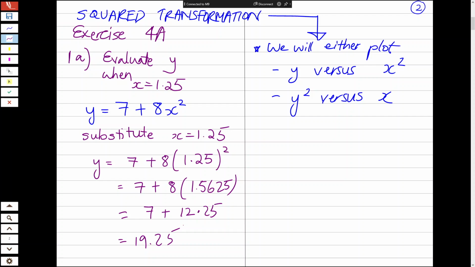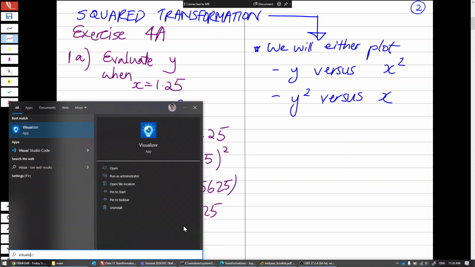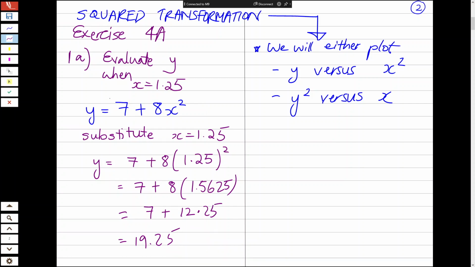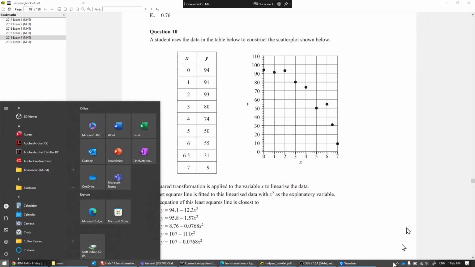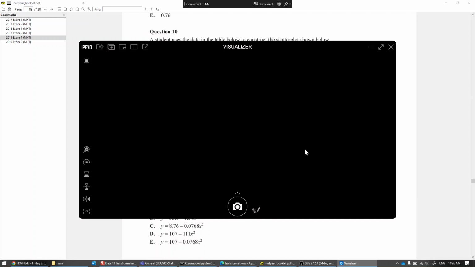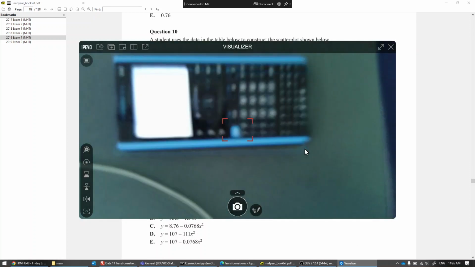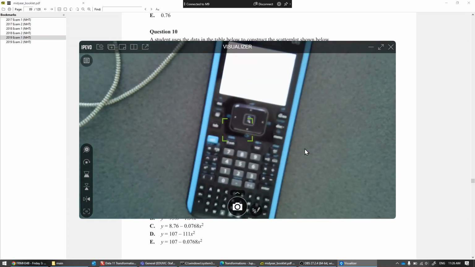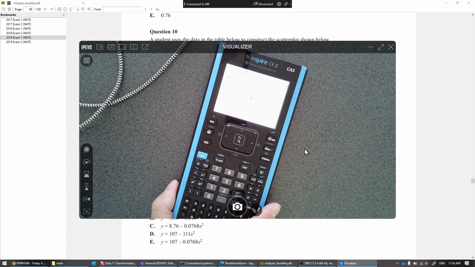You can't turn up without a calculator. Can't see that, can you?